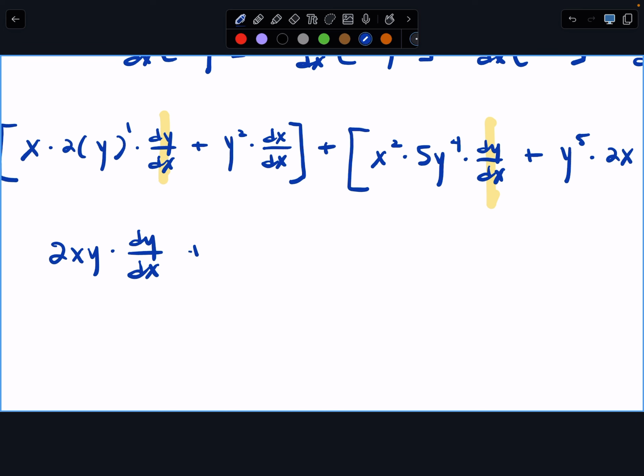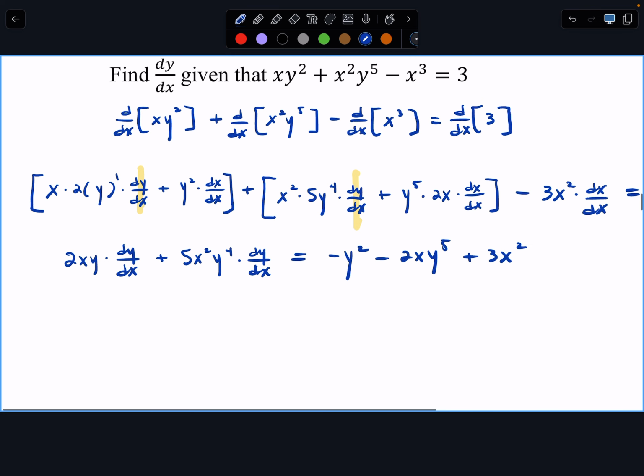Okay, so then I'll have minus, where did my minus? y squared, what am I doing? Minus 2xy to the 5th plus 3x squared. Where did the y squared? Finishing the product. Okay. It might be helpful to go, that's just one, that's just one.